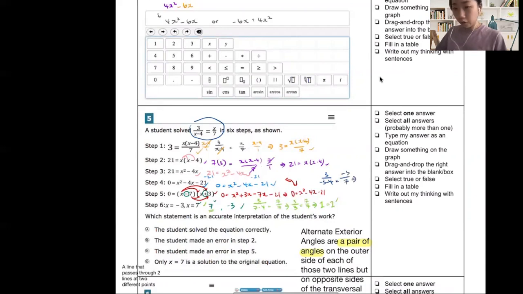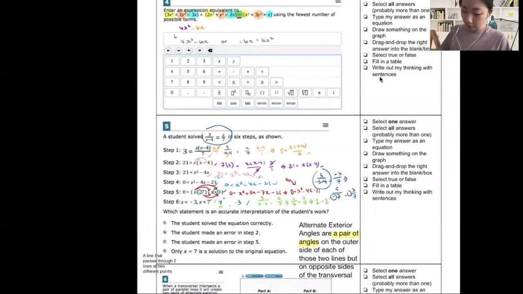Negative 3 minus 4 is negative 7. So on the left side, we'll have 3 over negative 7. On the right side, we just have negative 3 over 7. So it is correct because we have negative on both sides, and then 3 over 7, right? So in this case, we know that this person correctly solved all the steps. So the answer will be A.